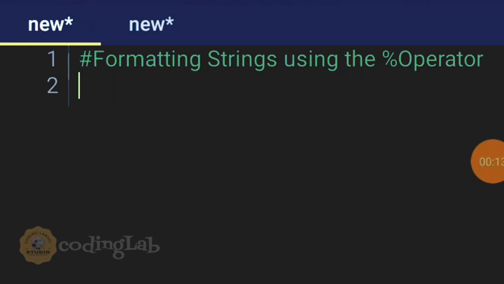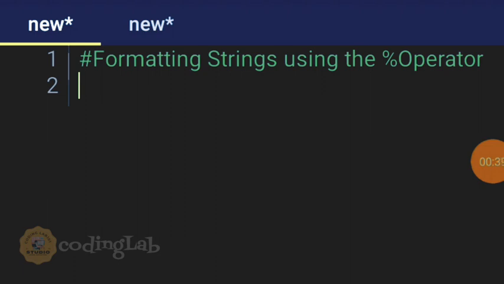Today we are going to discuss formatting strings using the percentage operator. Previously we have discussed integers, floats, and strings. Regarding strings, we discussed concatenation. We concatenate two strings together.